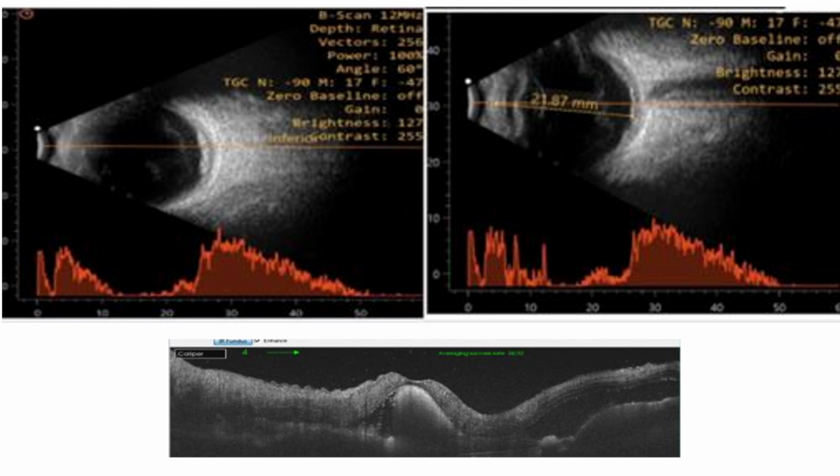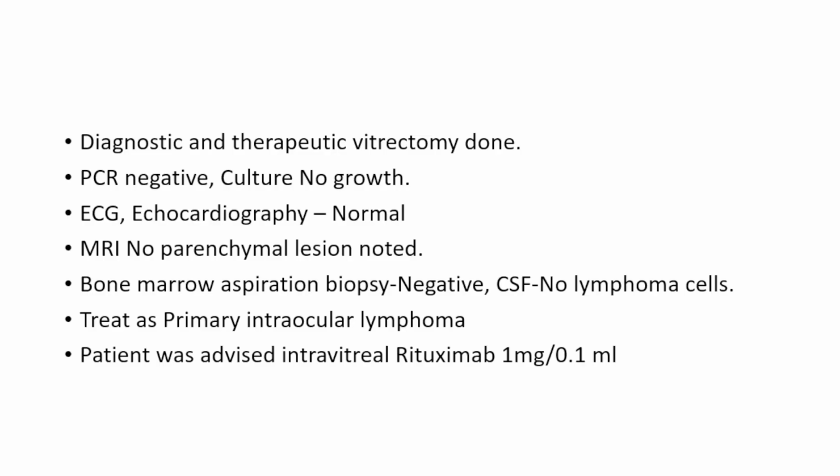The patient was evaluated further, and OCT showed a choroidal mass lesion. So diagnostic and therapeutic vitrectomy was done. PCR came negative, and the culture also showed no growth of any organism. ECG and echocardiography came normal. MRI was also done to rule out any brain lesion, but showed no parenchymal lesion.